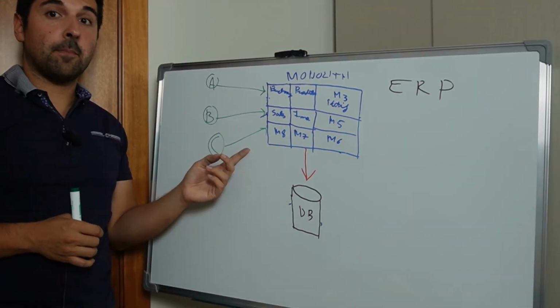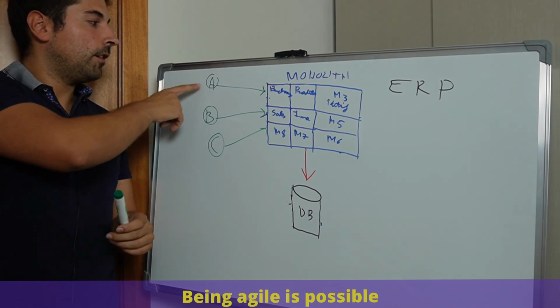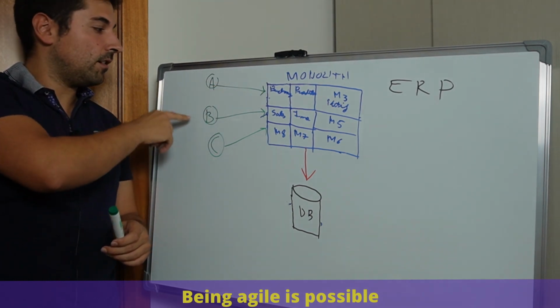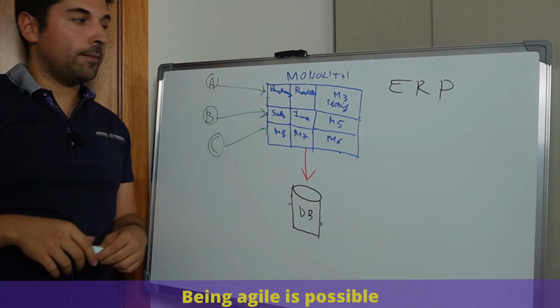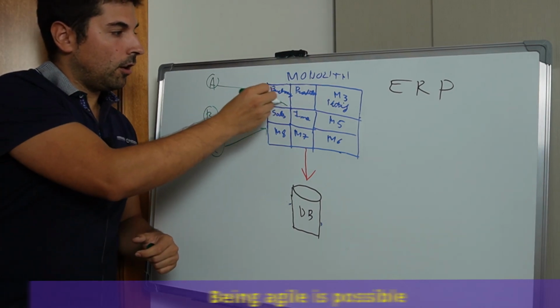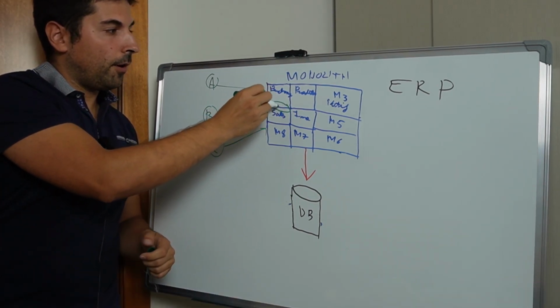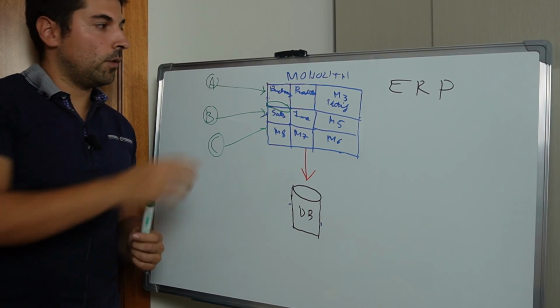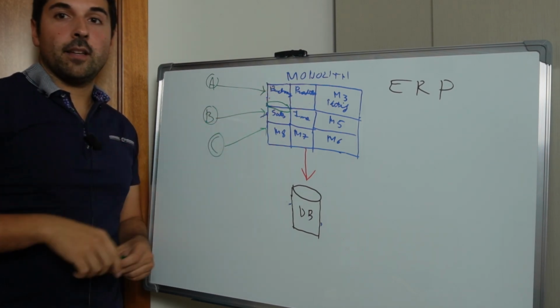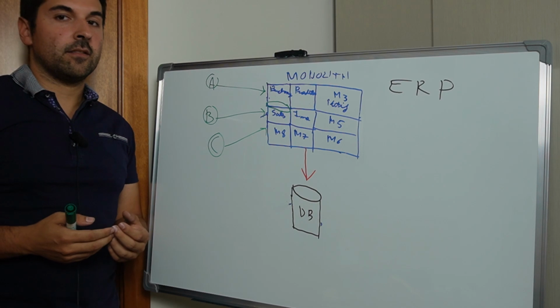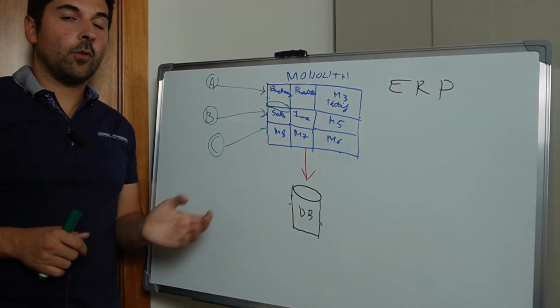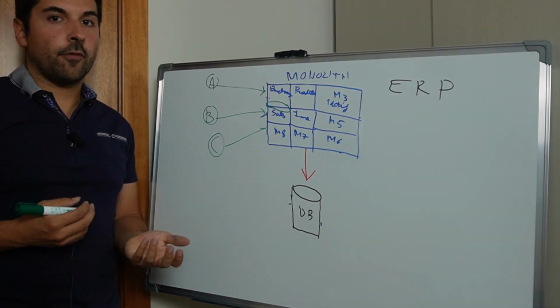This allows parallel work. I could have team A working on purchasing, B on sales, and the unique point where we could have conflict is where purchasing and sales may have some dependencies there. But apart from that, it will allow you a good rhythm for parallel working.